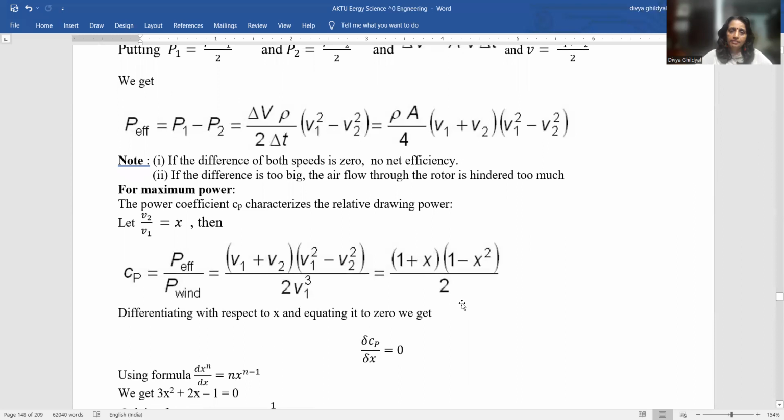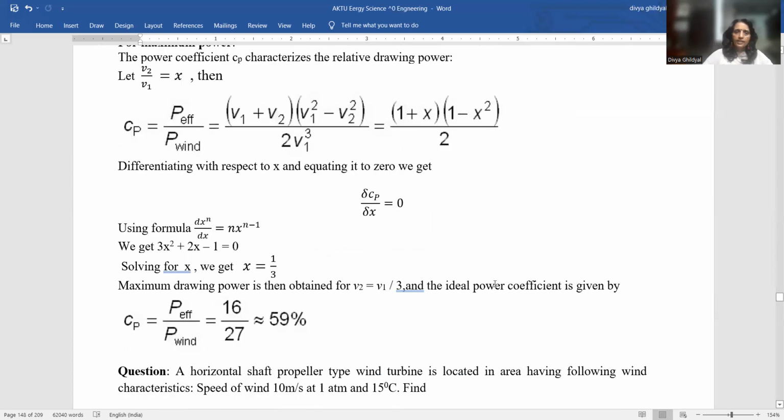And for maximum power, let us take one power coefficient relative to drawing the power, and let V2 upon V1 be taken as X. We are doing all this just to write this formula in a simpler form. That is all, not doing any derivation. And then we put P effective upon P wind is equal to 1 plus X into 1 minus X square by 2, where X is V2 upon V1.